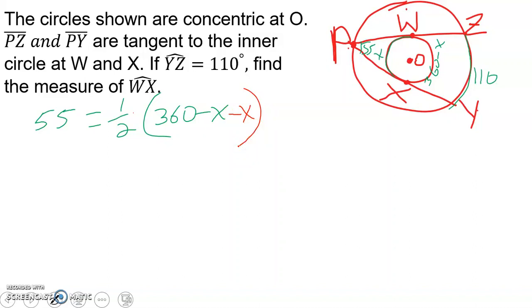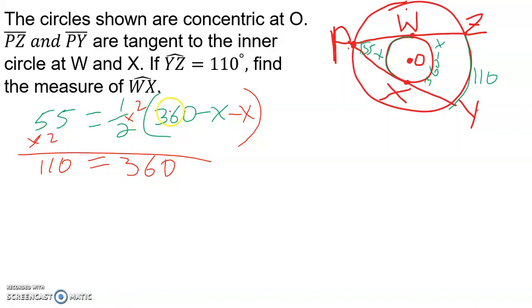So we can multiply both sides by 2 to get rid of that 1/2. And that will give us 110, which is going to be 360, then negative X minus X, which is negative 2X.